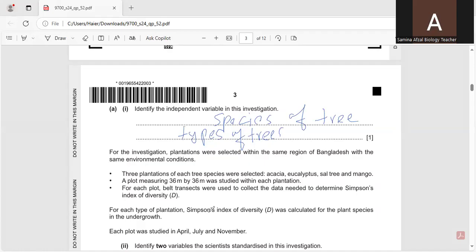For each plot, belt transects were used to collect the data needed to determine Simpson's index of diversity. For each type of plantation, Simpson's index of diversity was calculated for the plant species in the undergrowth. Each plot was studied in April, July, and November.